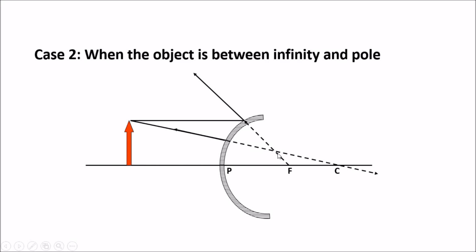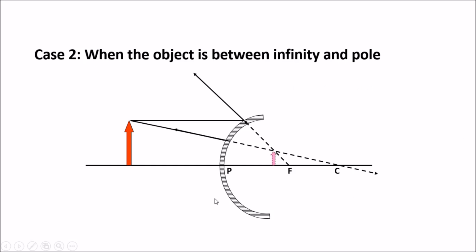These are not the actual rays, these are the rays which we have extended backward, and that's why these are virtual rays, and where the virtual rays cross forms the virtual image. In this case the image is formed at this place. Irrespective of where you keep the object from pole, you're going to get the result between P and F only, and that's why we have only one more case apart from object at infinity, which is object between infinity and pole.